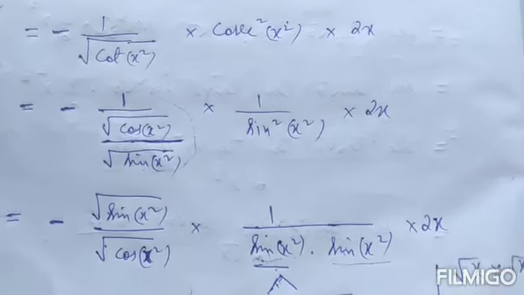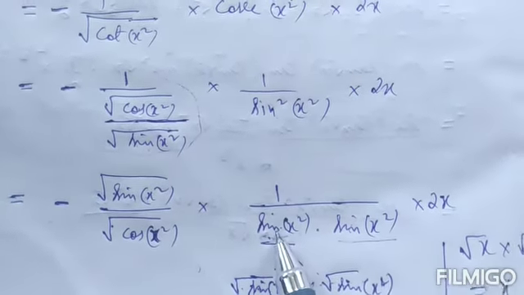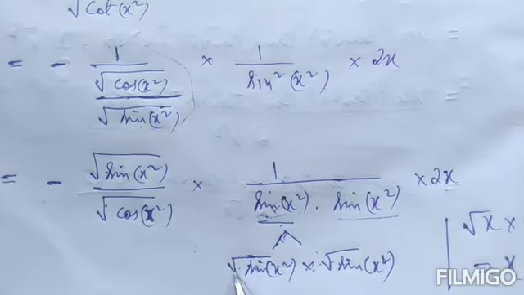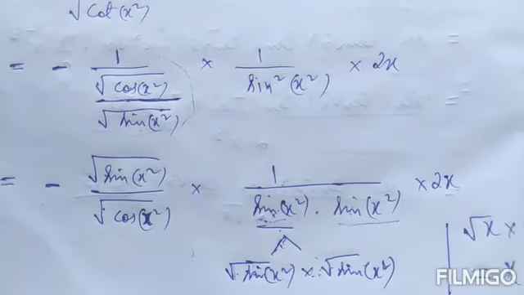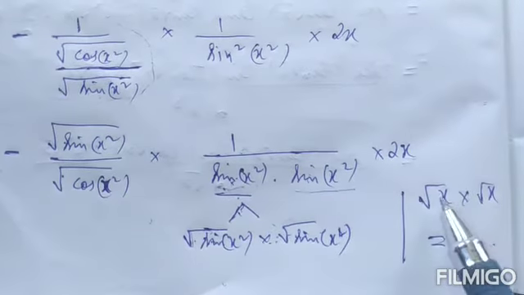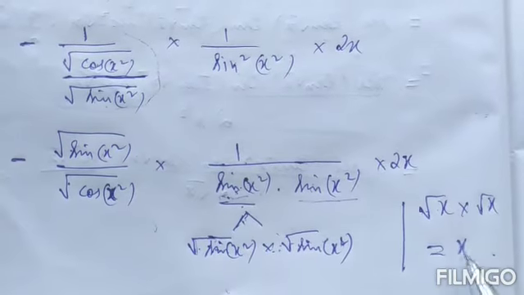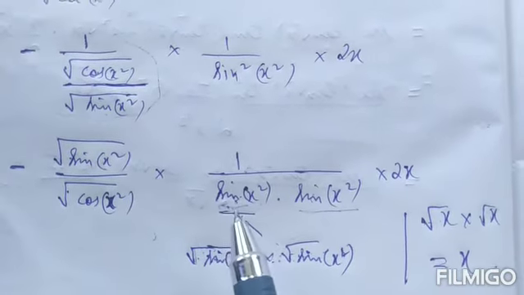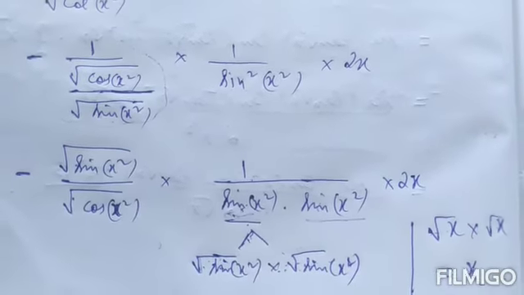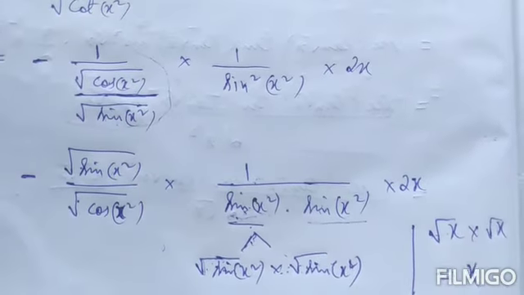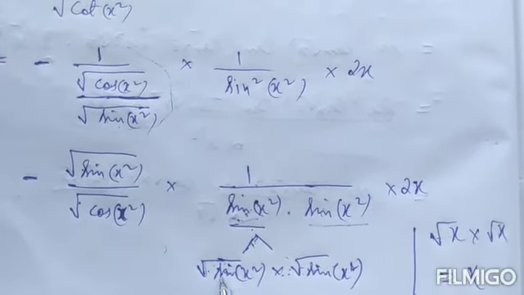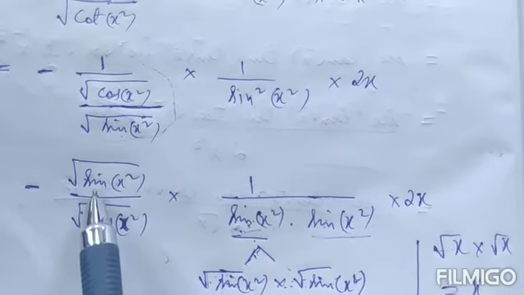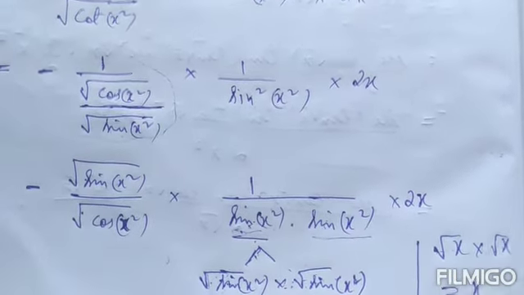And then in the next line, 1 sine from here, I will separate it again. 1 sine can be written as square root of sine into square root of sine, because we know that square root of x into square root of x will give us x. That means square root of sine into square root of sine will give us sine. And then in the next line, 1 square root of sine from the denominator will cancel with 1 square root of sine on the numerator.